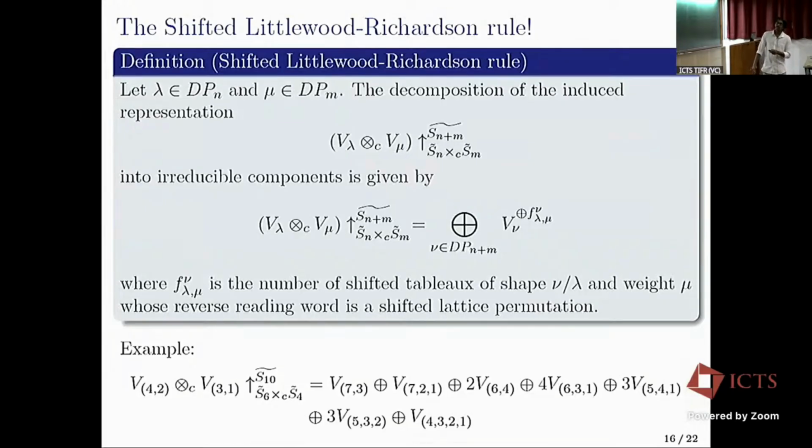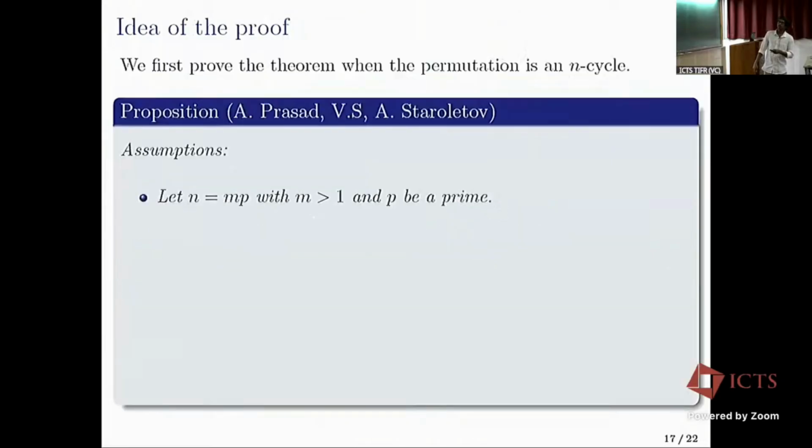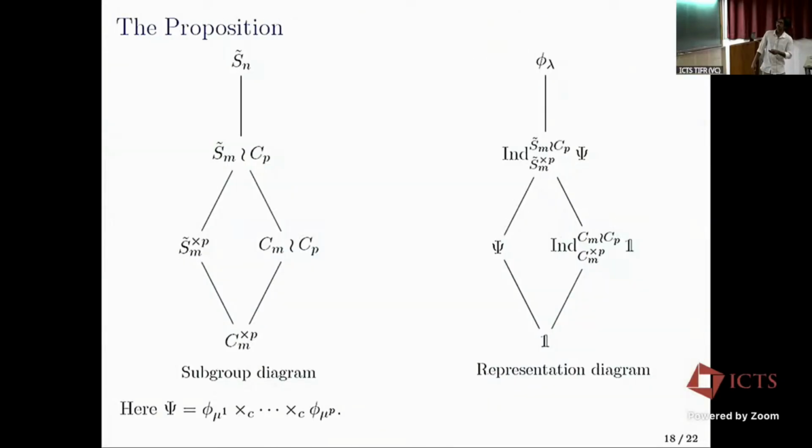So this tensor product is in fact called the reduced Clifford tensor product. So it's not just V lambda tensor V mu. There is something which comes in the front, and there is an analog of our Littlewood-Richardson rule, and finally this is the proposition.